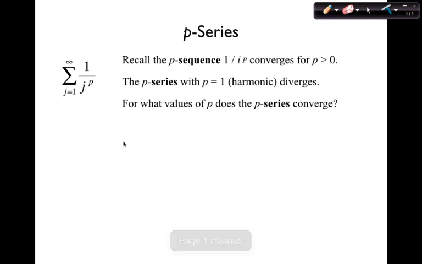All right, so the example we did earlier was something like 4 over j squared plus 2. And we said that's essentially the same thing as P equals 2. And what about that one?